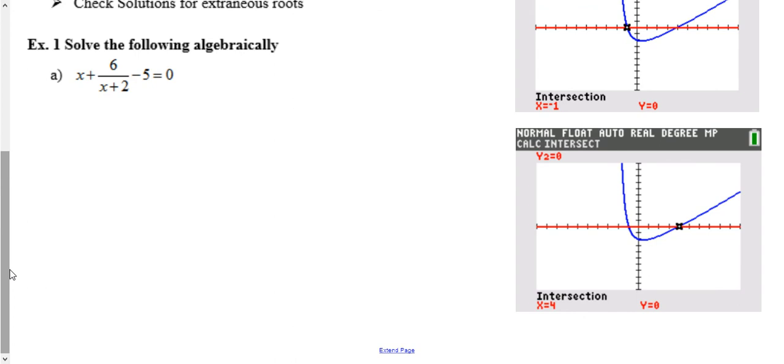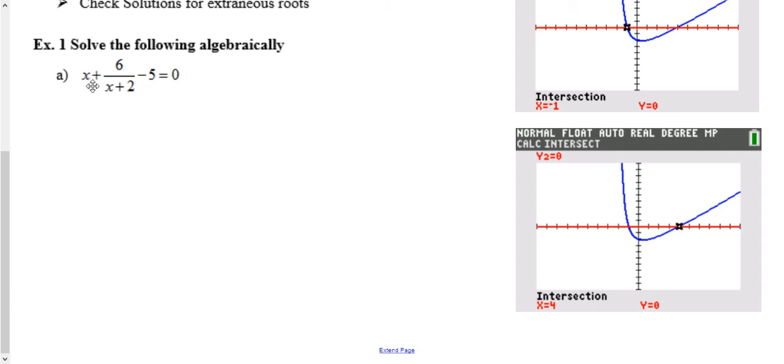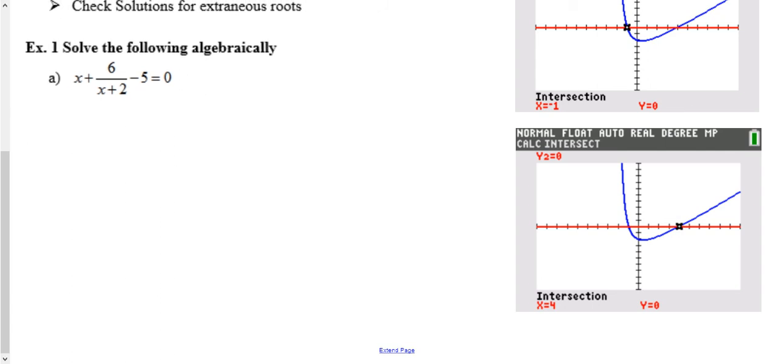So, very first thing I'm going to try. Right now I have a denominator of x plus 2, and I only have one of them. Everything else in this question is usually divided by 1.